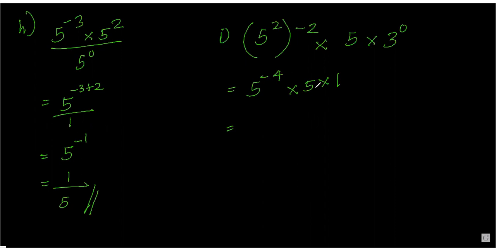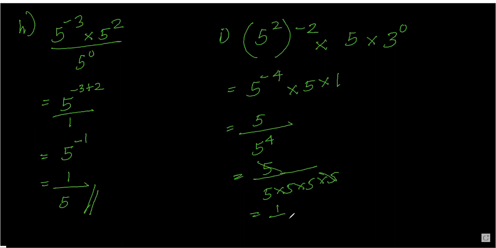So we can write as a positive index, 5 over 5 to the power 4. You can take it below the line. 5 to the power 4 means 5 over 5 into 5 into 5 into 5. We simplify: 1 over 5 to the power 3.